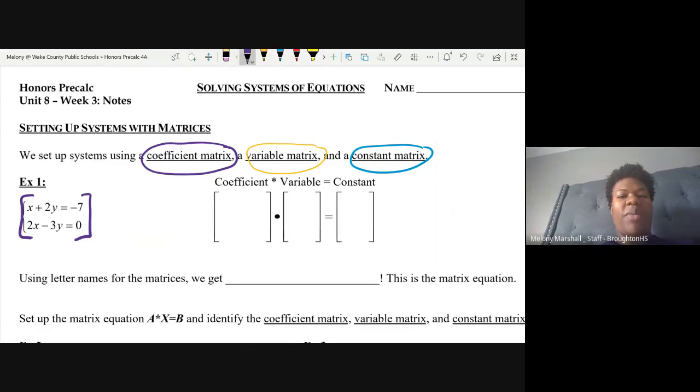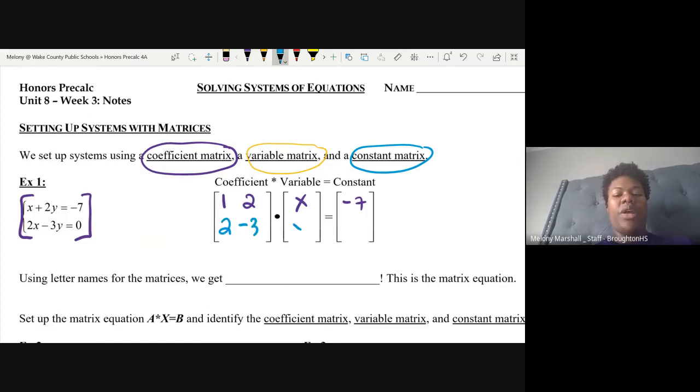The coefficients from the first row are 1 and 2, and the variable that goes with it is going to be your x, and we're going to put -7 there. So it's literally the first row, but we put x instead of y, and we only put x. Our second row works essentially the same way. You take your coefficients, 2 and -3, and we're going to put y instead of x, and then this is going to be a 0.